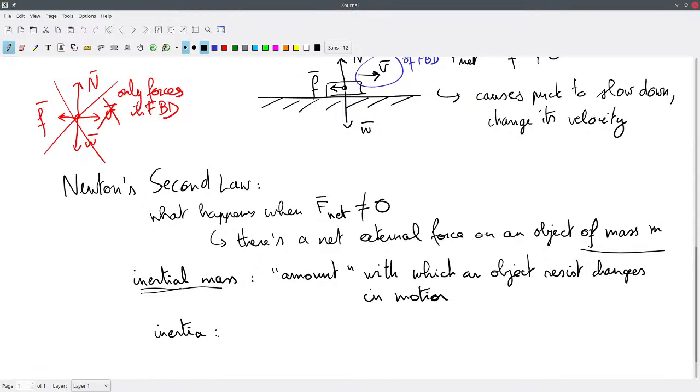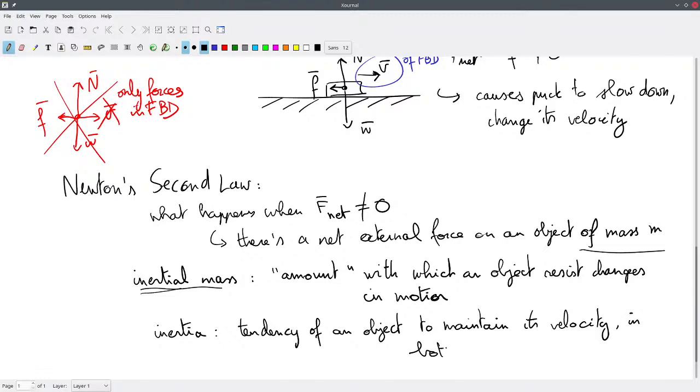This term inertia, which is used here in inertial mass, we should also define: inertia is the tendency of an object to maintain its velocity in both direction and magnitude, of course.